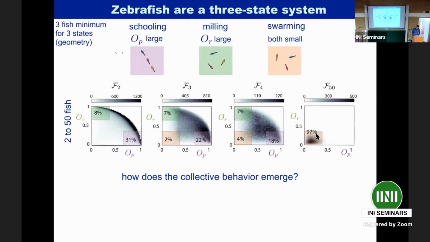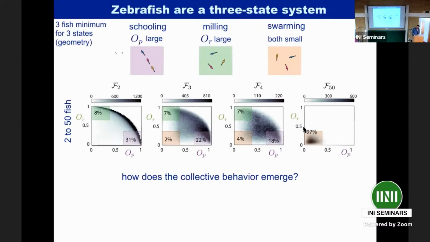And as we go up to 50 fish, there is a gradual transition to fewer and fewer in the schooling and milling states. What I mean is that as we make the system bigger and bigger, there's nothing like a phase transition. It's just gradually spending more and more of the time in the swarming state.